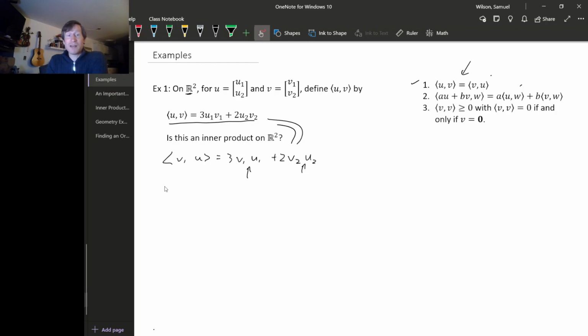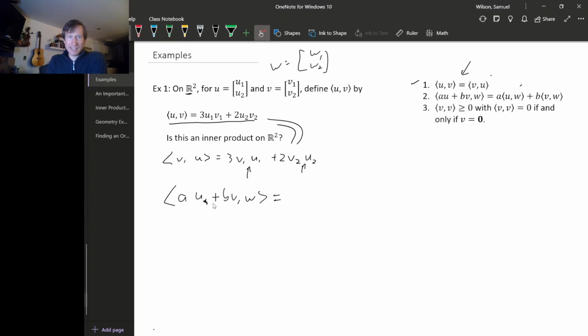To see that this is bilinear, I guess we're going to need another vector. Let's call it W, so w1, w2. And to check that this operation is bilinear, we just grind through writing down this whole mess.